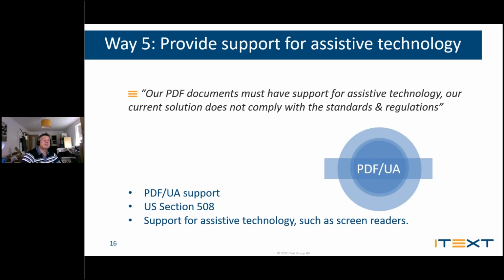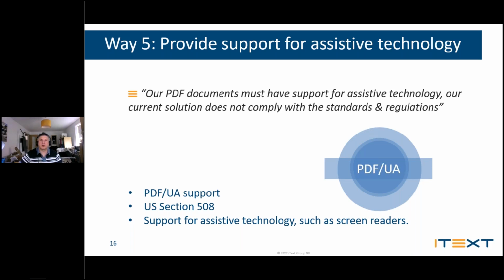Okay, and that brings us back to US Section 508. It's one of the questions that we get very often. I have to say, as Karim mentioned before, iText drives PDF standards as we sit on the board of the PDF Association.